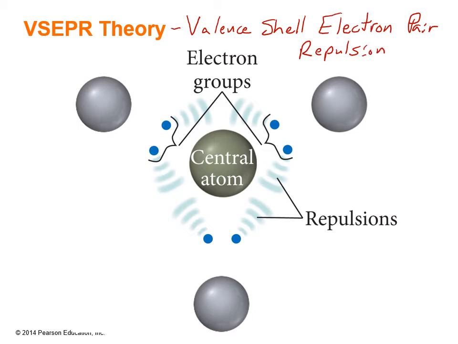So this we abbreviate as VSEPR, valence shell electron pair repulsion. Essentially, our bonds and our lone pairs are going to move as far apart as possible in space, away from each other, in order to identify the shape of our molecule.